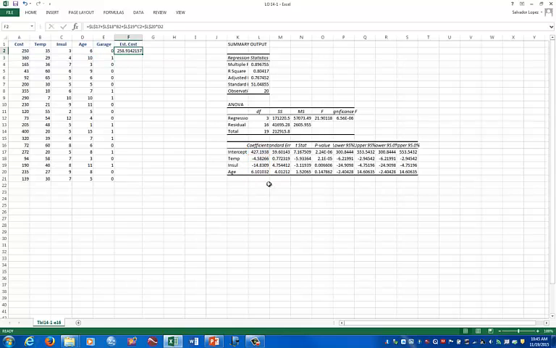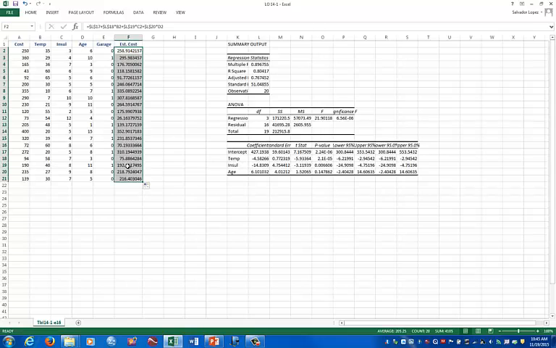So click enter and you get the estimated value of y for the value of 250. When the actual value is 250, the regression estimates approximately 259. If we copy this down, then we get all the estimated values of y. So this will be y hat, and this is my y, the cost. Now I want to find the difference between them.